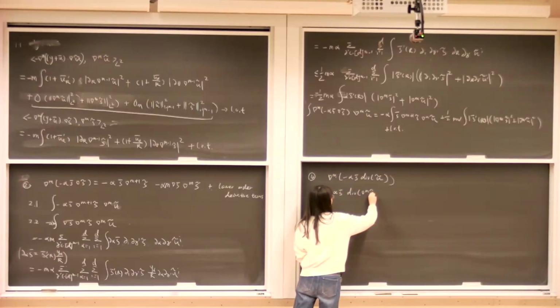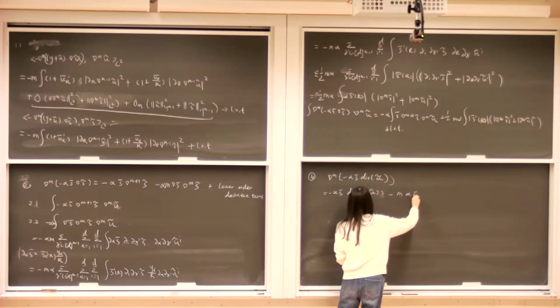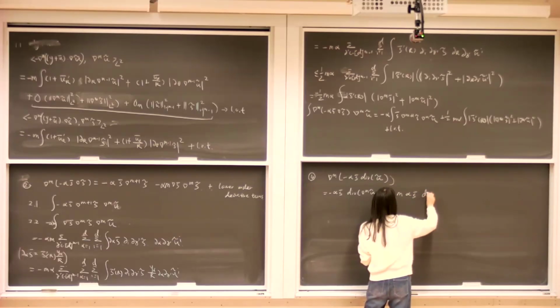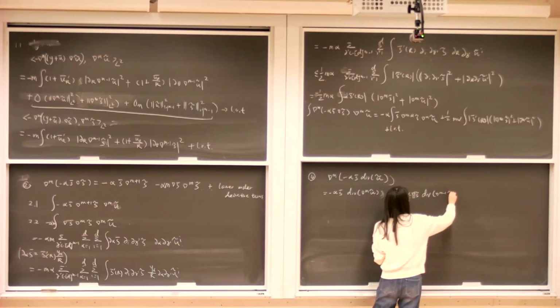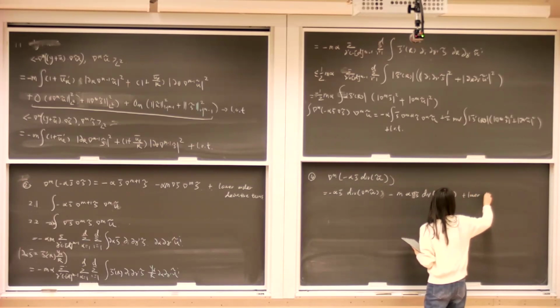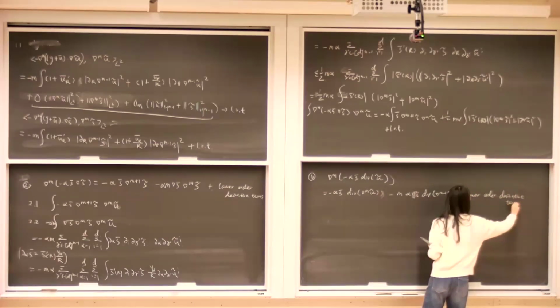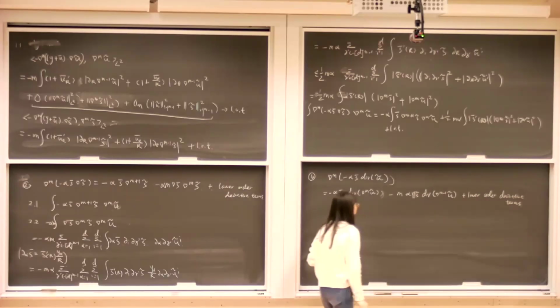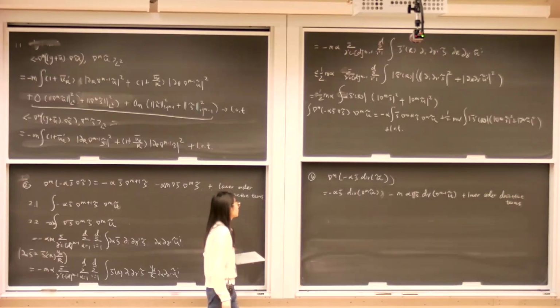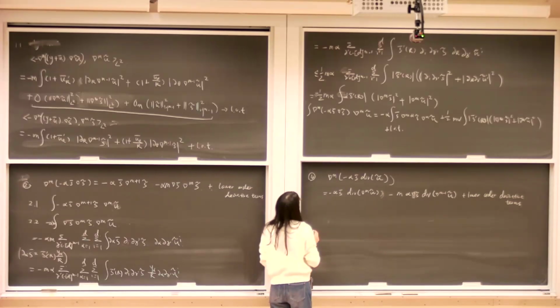Still, we have a highest order term, a term of exactly the same order, and then other terms that are lower order. So the highest order term will be cancelled by integration by parts with the term in term 2.